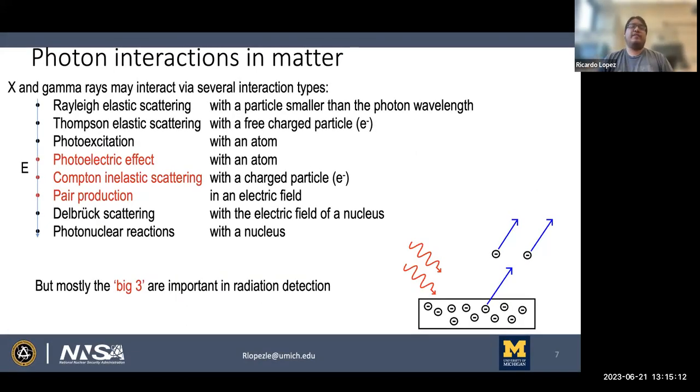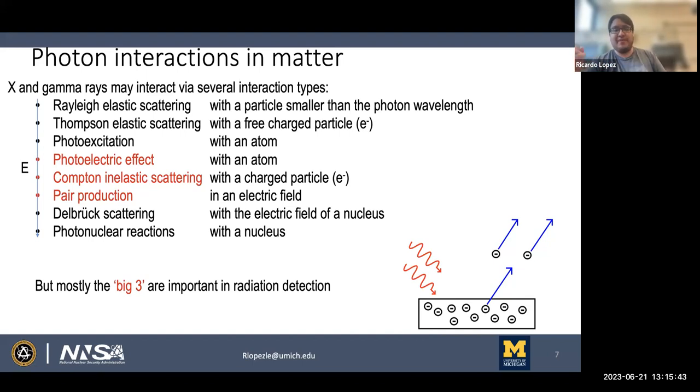Now, as for the photon interactions with matter, there are quite a lot of interaction types that you can come across with gamma rays. There were a couple that we mentioned yesterday, but just really quick as a speed run, if you will. We have the Rayleigh elastic scattering, Thomson elastic scattering, photoexcitation, and then the big three, which are highlighted in red here.